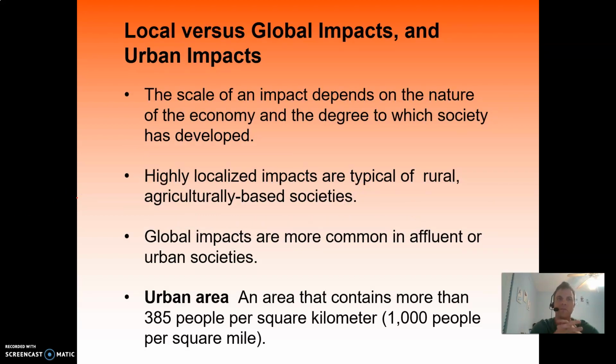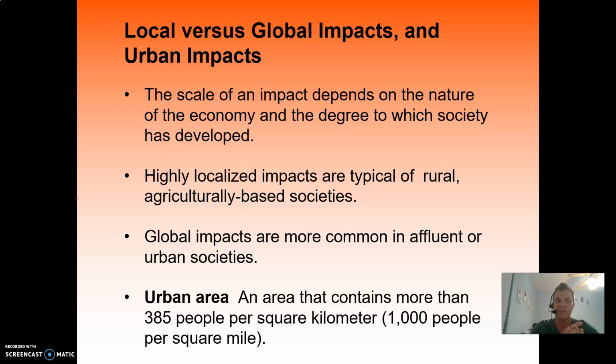So the scale of an impact depends on the nature of the economy and the degree to which society has developed. So how developed are they? What's the nature of how much wealth this country has? Highly localized impacts are typical of rural, agriculturally based societies. So if it's an impact that basically affects just that country or just that town or just that city, that would be more of your LEDCs.